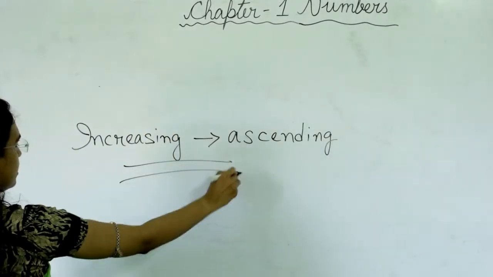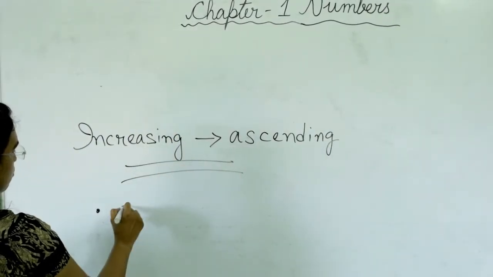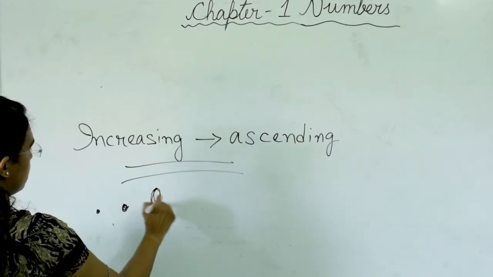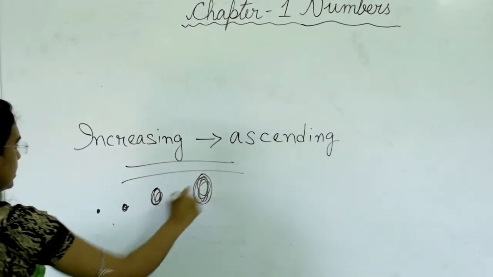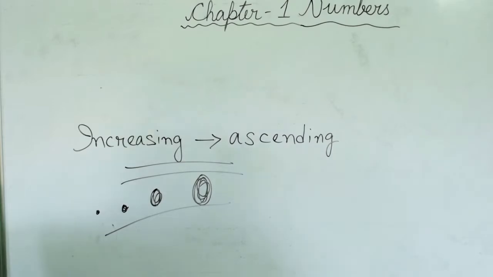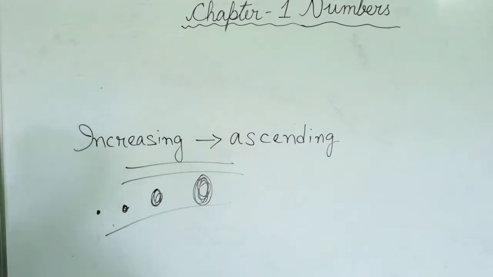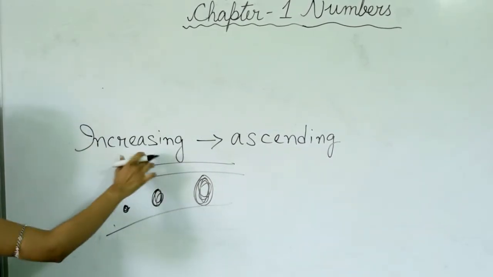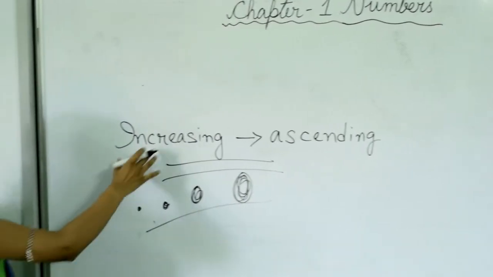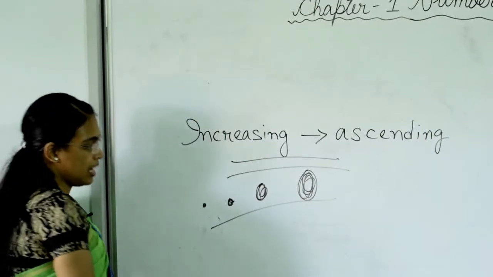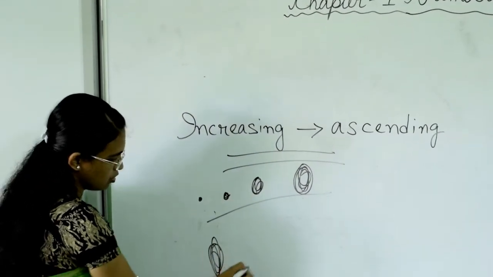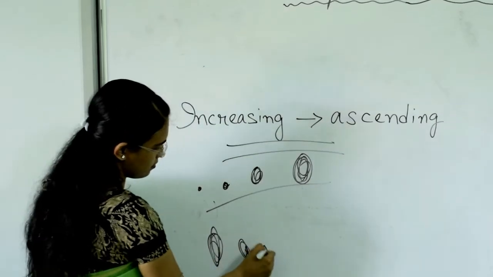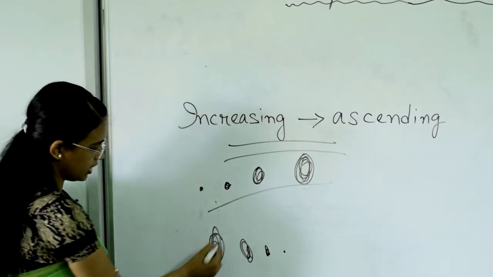Increasing means ascending. पहले छोटा, then उससे बड़ा, then उससे बड़ा, then उससे बड़ा. In this way it is increasing, okay? And decreasing. What is decreasing? The opposite word of increasing. That means decrease. That means बड़ा से छोटा. In this way it is decreasing.